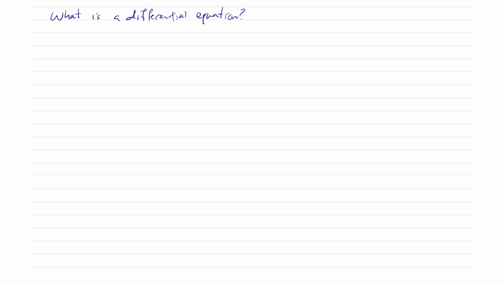So basically, let's just say a differential equation is an equation that involves derivatives.